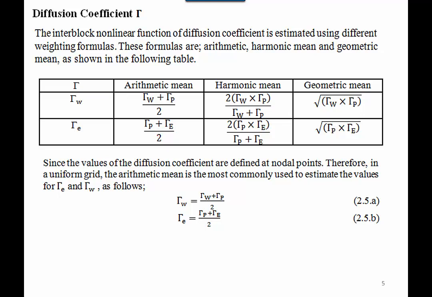The other method is the harmonic mean, and as shown, if we want to calculate gamma at the west interface, we use this formula.